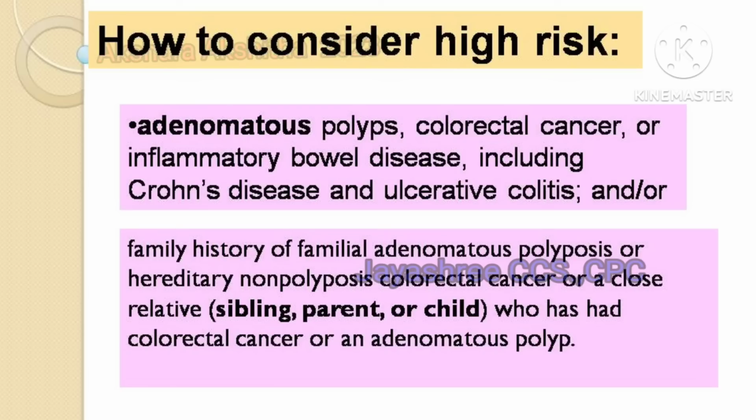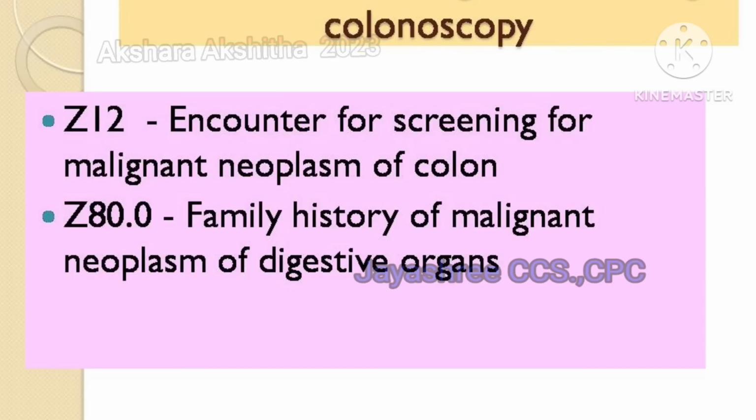If we don't have this information, then that patient will be a low risk patient only. Now we know the CPT we coded. For ICD, what do we code for screening colonoscopy? We always code a Z12 code as the primary ICD code.